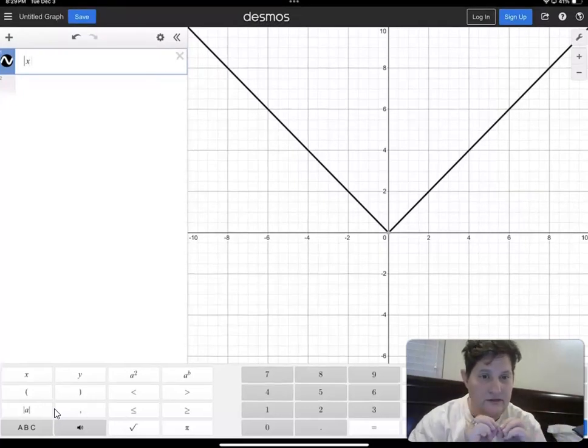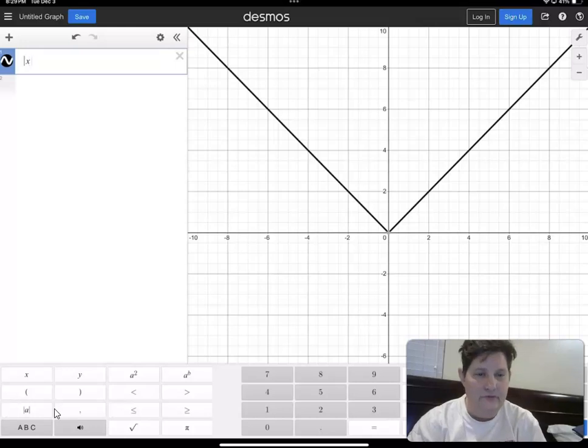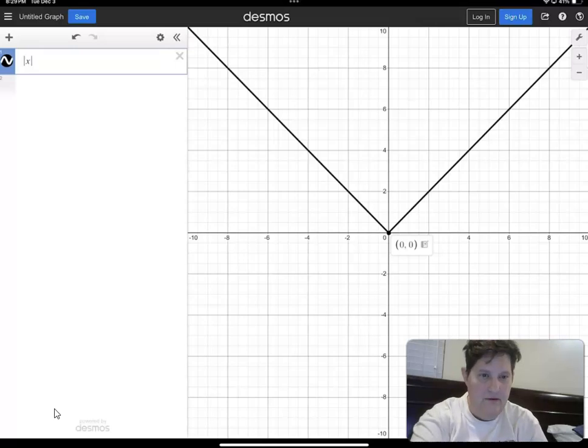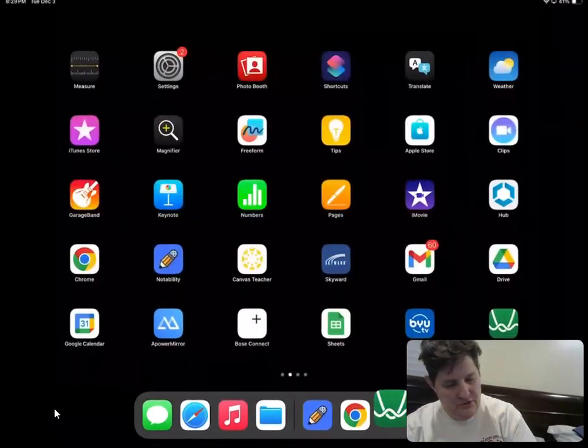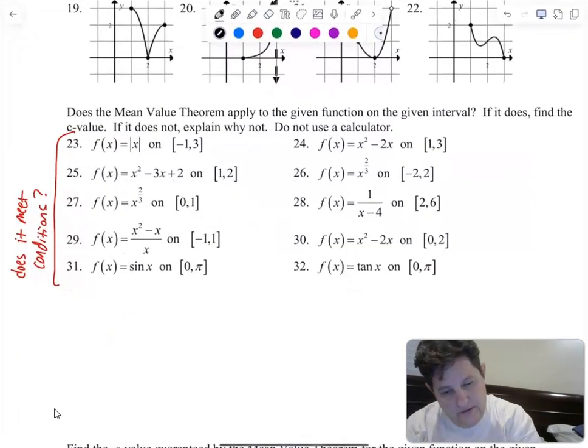Is it continuous? Yes. Is it differentiable everywhere? No, it's not differentiable right there because of the sharp corner. Can I do the mean value theorem on it? No.